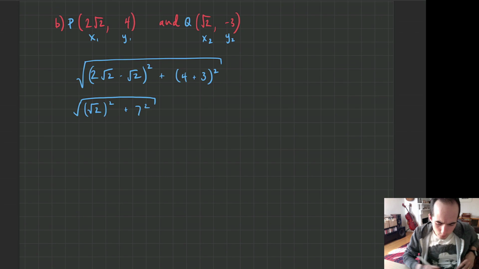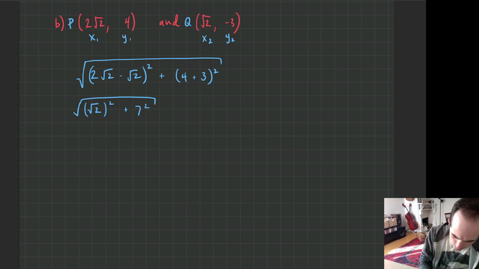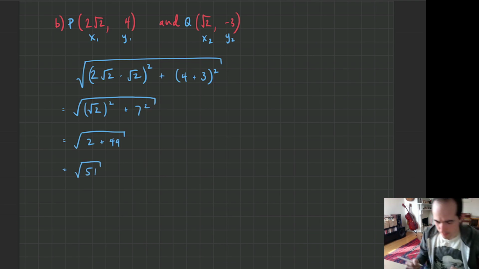Okay, so I've got root 2 squared plus 7 squared, so I've got the square root of, root 2 squared is just 2, 7 squared is 49. Look at that. So this is the square root of 51.